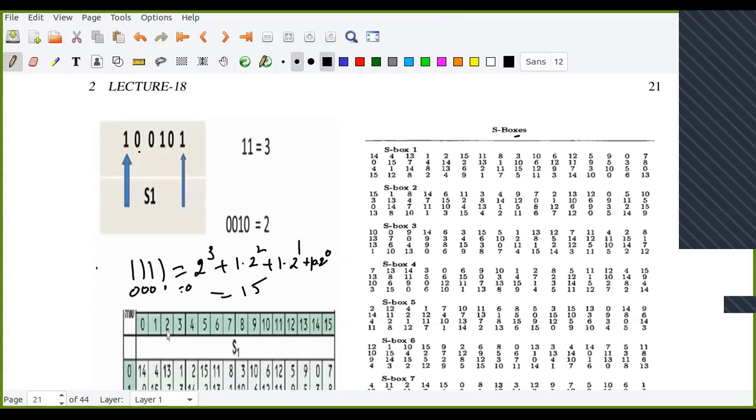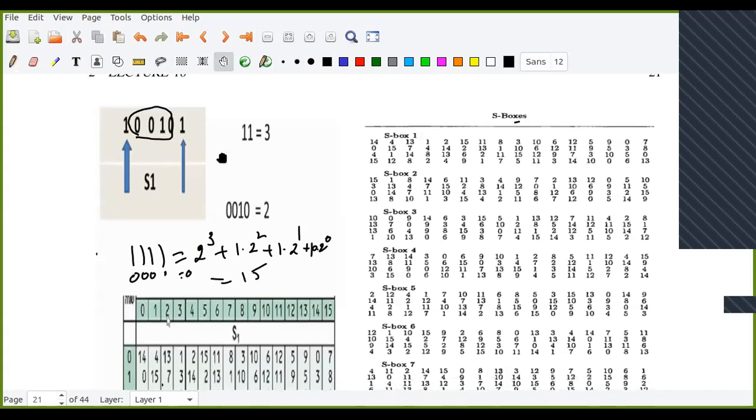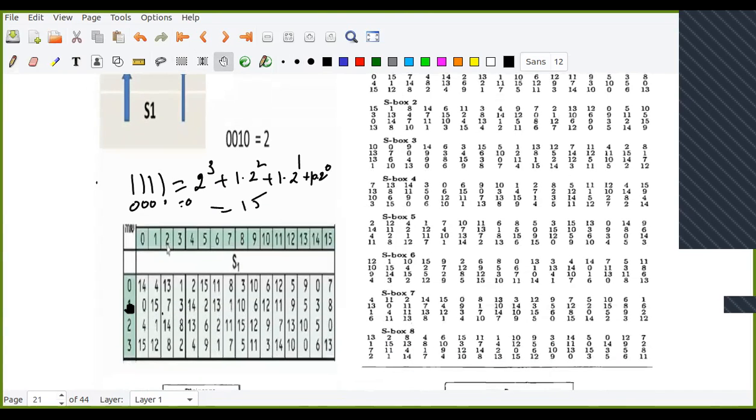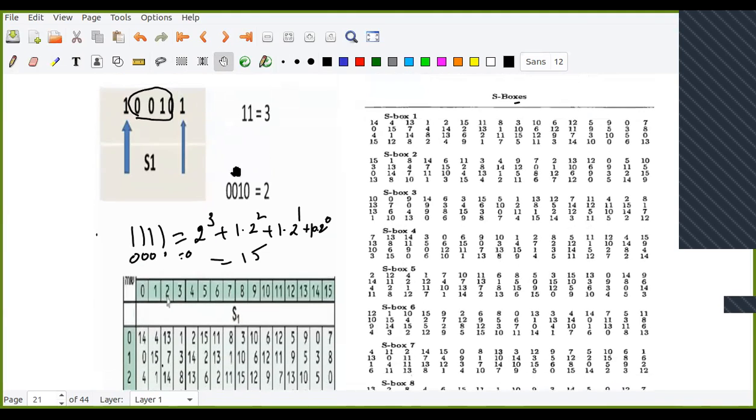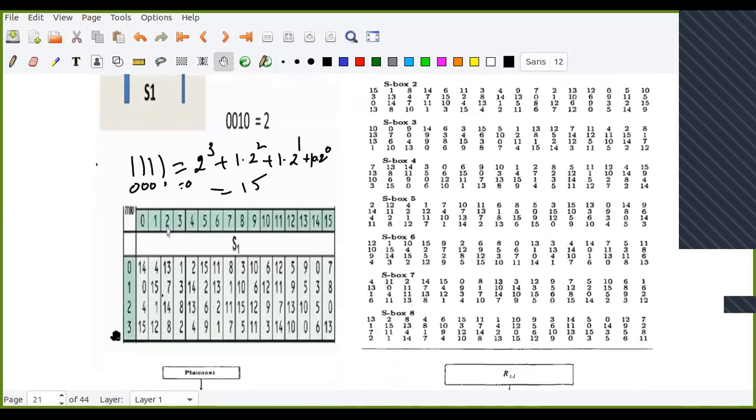So this portion corresponds to the columns. Now these two outer bits you take, those are the rows. Now we have 1, 1, that means the fourth row, and the second column. Somebody can tell me, what is the element?